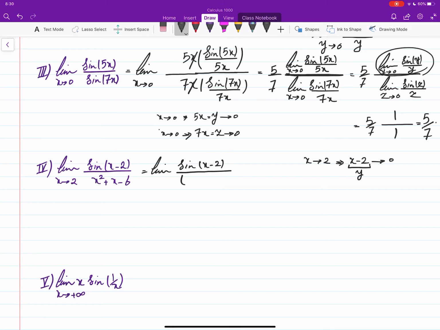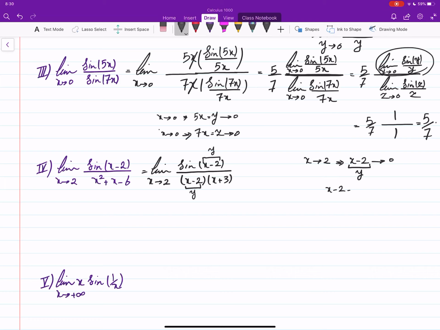In the denominator, we actually have x minus 2 times x plus 3 as x approaches 2. So now I can switch all these x minus 2's to y. What will happen to x plus 3?